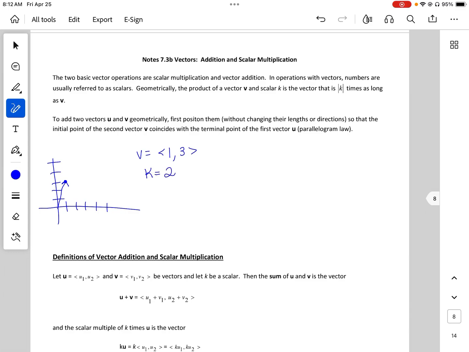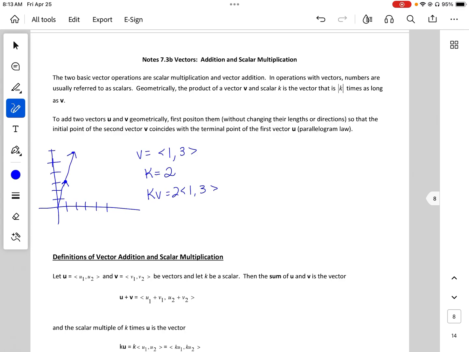Okay, so I'm going to have vector v be 1, 3. So I know this is vector v. And I'm going to use my scalar k as 2. So to do v times k, or k times v, then I just multiply.